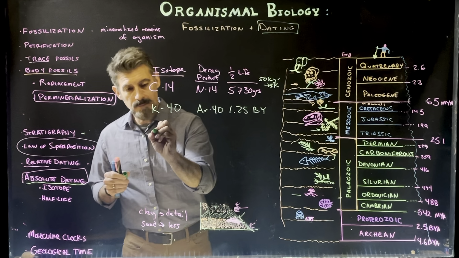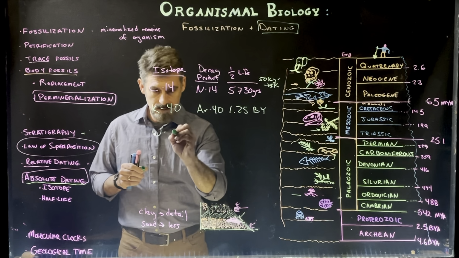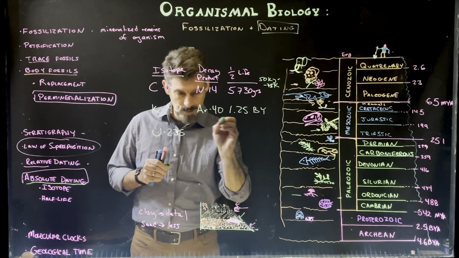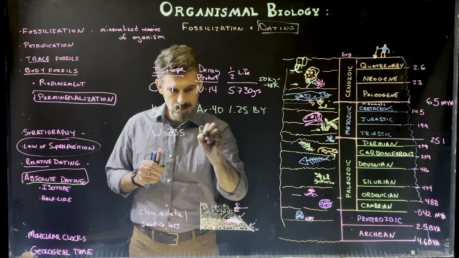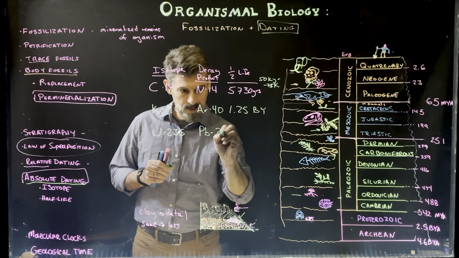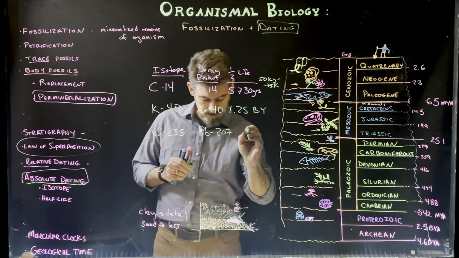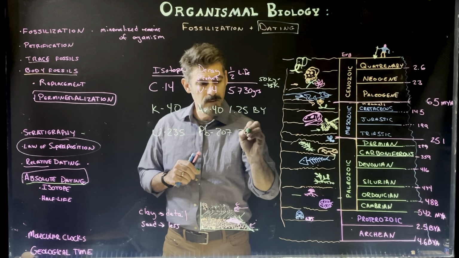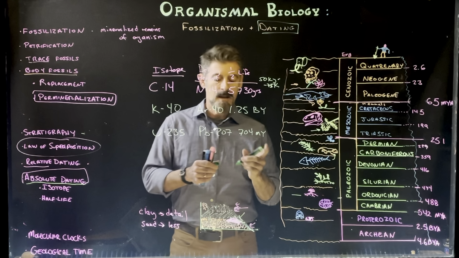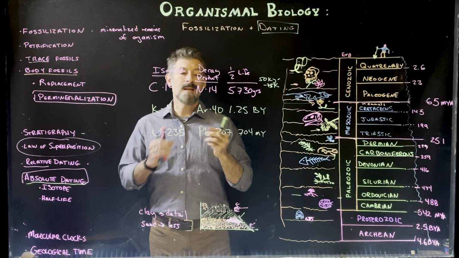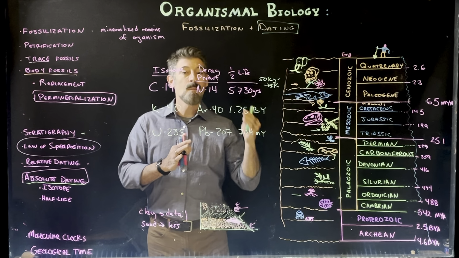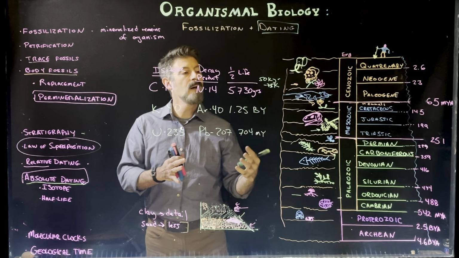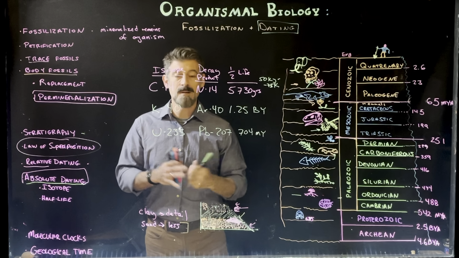Also, uranium, you'll sometimes see there's 235 and 238 that are often used. Uranium-235 turns into lead, which is Pb-207, and that has a half-life of 704 million years. So you can see different elements decay at different rates, and so we can use different elements depending on the type of rock that's there, because some of them might not be present in certain types of rock.